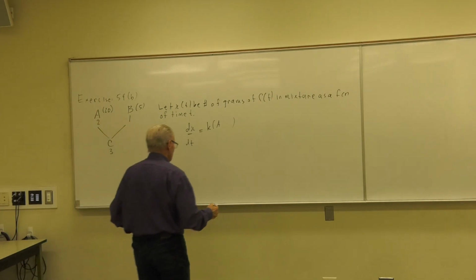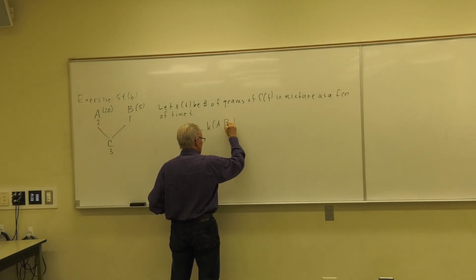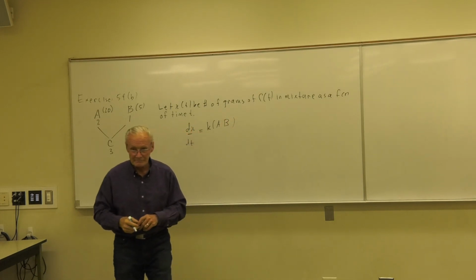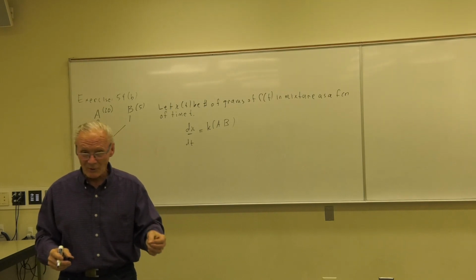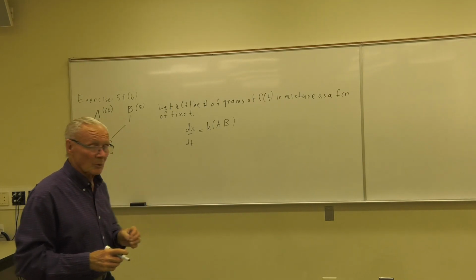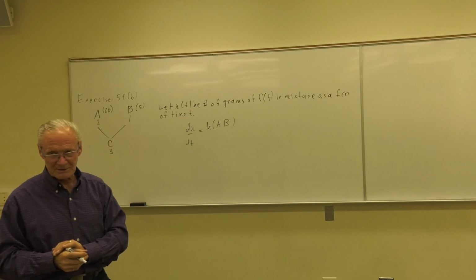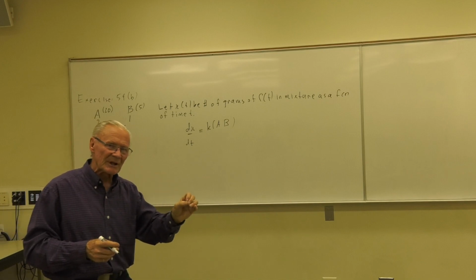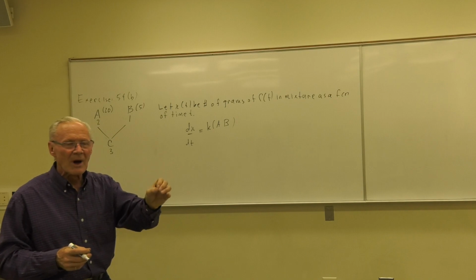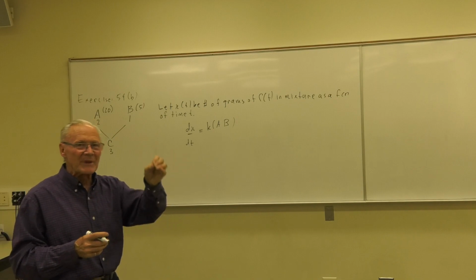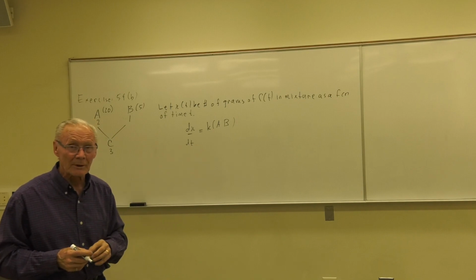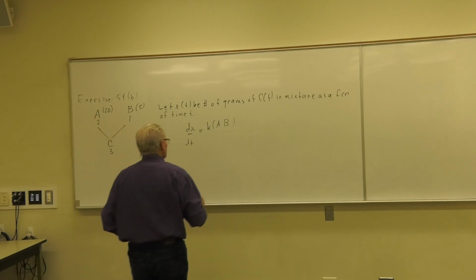So what's the alternative? Well, a natural alternative is to be that. Now if B runs out, dx/dt will be 0. And that will make sense. So I think the key word that was left out is not the amounts of, but the product of the amounts of was the missing word. All right, now what does this mean?